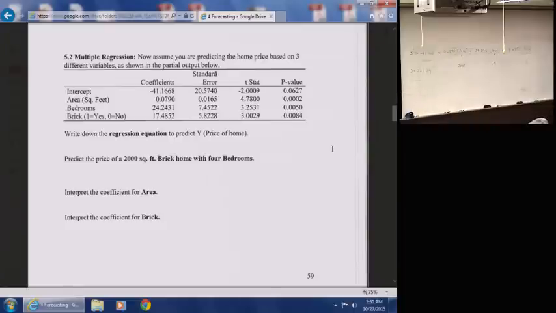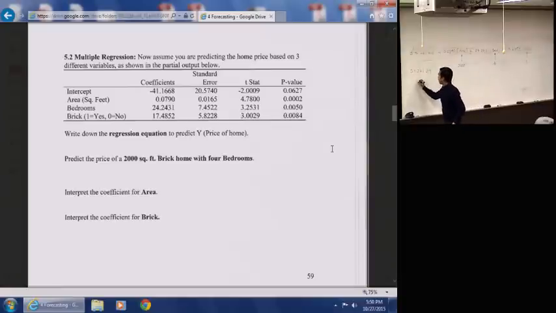The third question asks, interpret the coefficient of area. When you see coefficient of area, you look at area, coefficient 0.0790. So this is the number you have to look at. What does 0.0790 mean? Can we say that the other variables are constant or no?